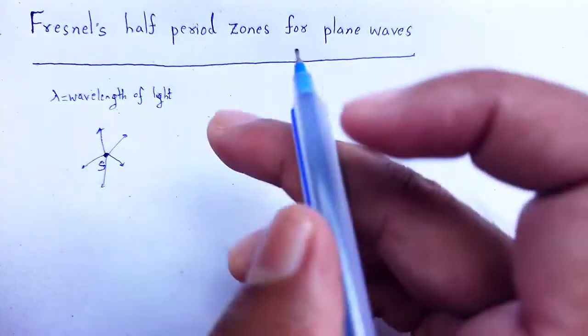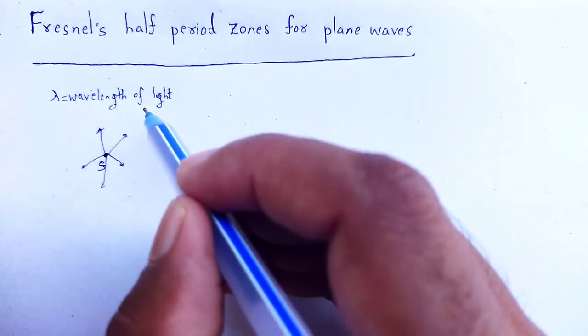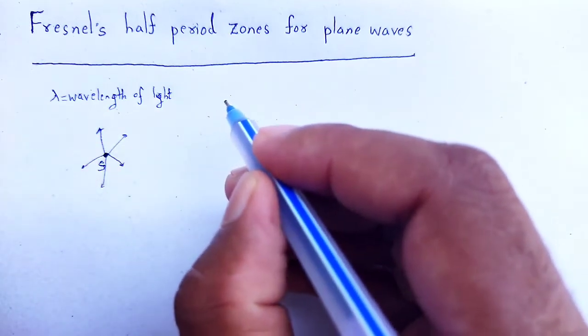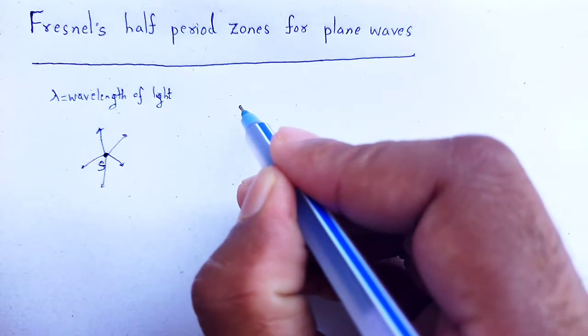According to Huygens principle, that particular light wave is treated as a plane wavefront.